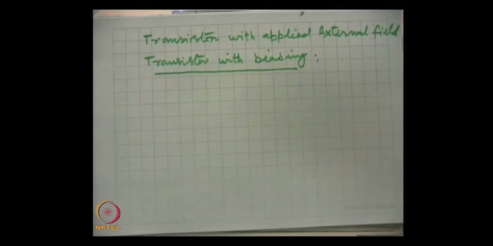In the case of a PN diode, there was only one junction, and there were two possibilities to bias that. That junction could be either forward biased or reverse biased. Now, a transistor has two junctions.